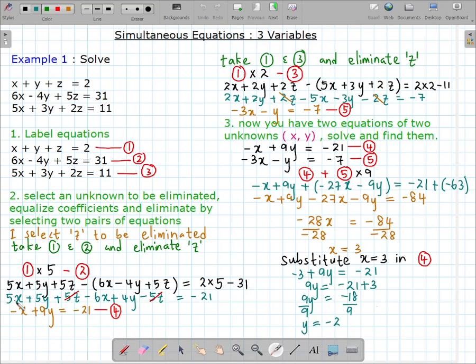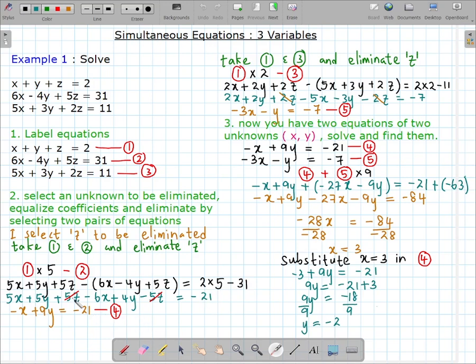Then continue writing 5x plus 5y plus 5z, then expand the bracket: minus times 6x is minus 6x, minus times minus 4y is plus 4y, minus times 5z is minus 5z, equals 2 times 5, 10, 10 minus 31, that is minus 21.